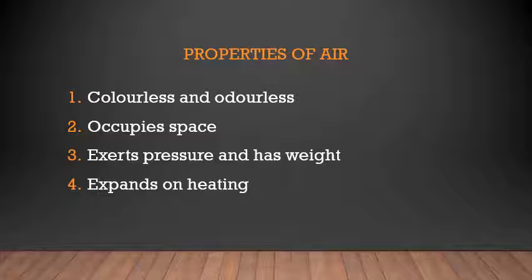Those are the different properties of a dog. So there are different properties of air. Properties means how you are going to describe air, or what are the characteristics of air. That is what you are going to learn in today's video.